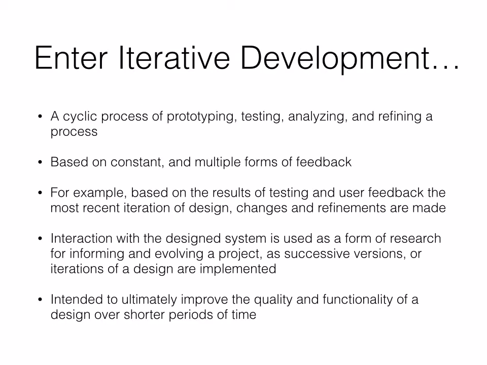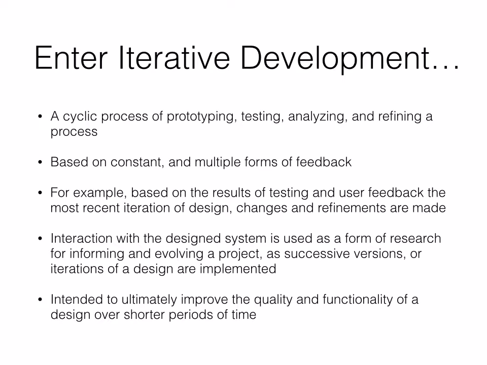So, given the pitfalls of systems analysis and design, and the problems that organizations have had with it, enter this notion of iterative development, which is a cyclic process of prototyping, testing, analyzing, and refining a process or a product so that you can continuously have something that you're working on and prototyping and getting feedback on.